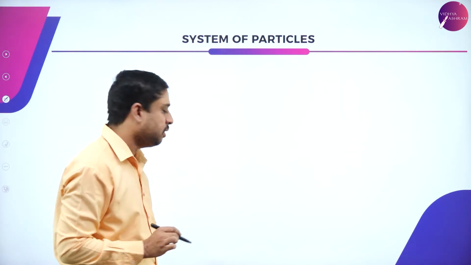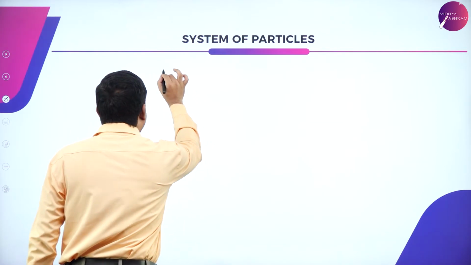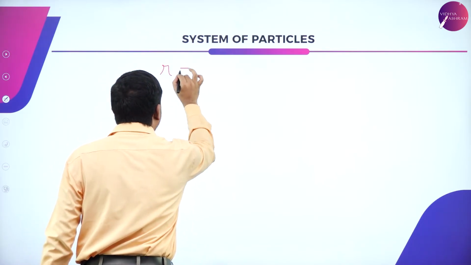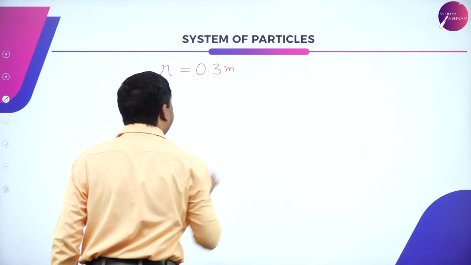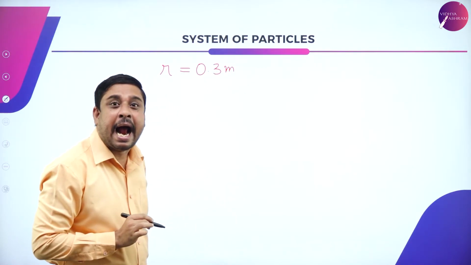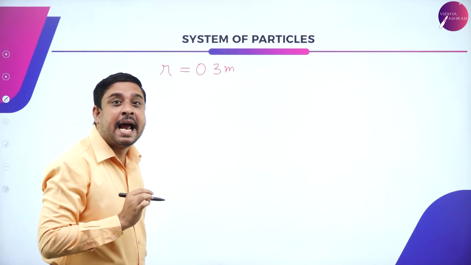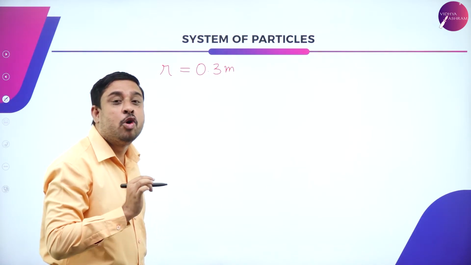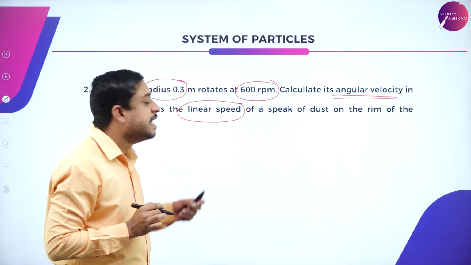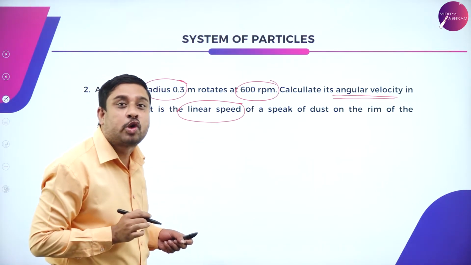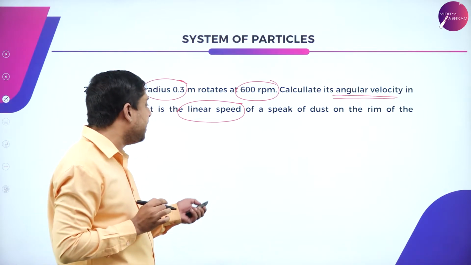Now, the radius of the wheel is 0.3 meter and it rotates at 600 rotations per minute. Notice very clearly, 600 rotations per minute.